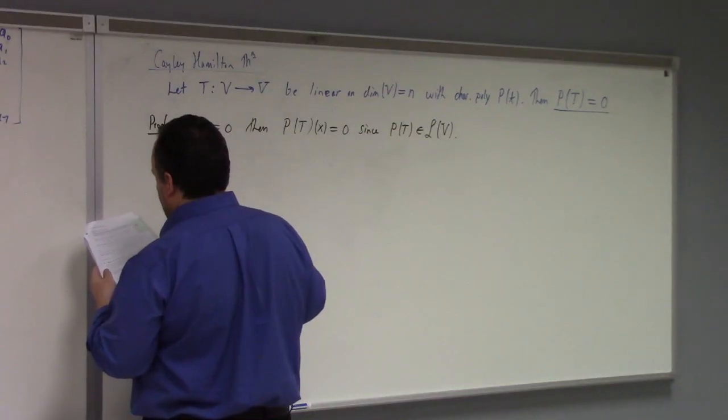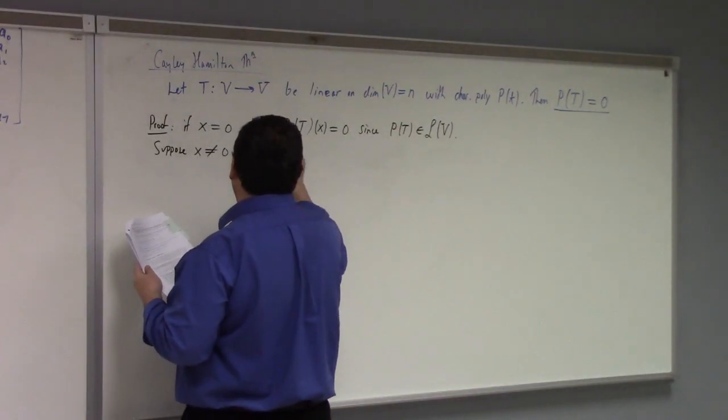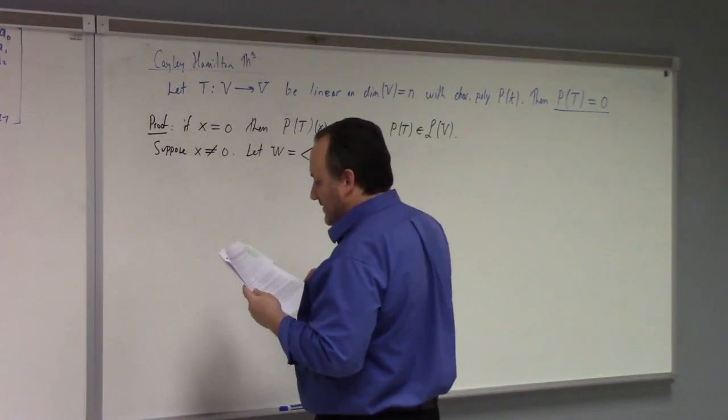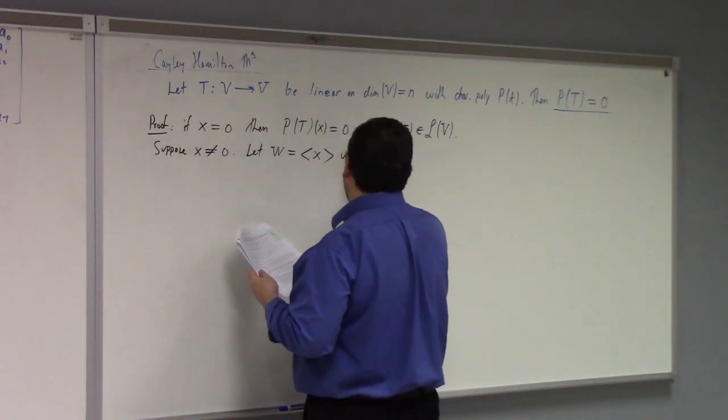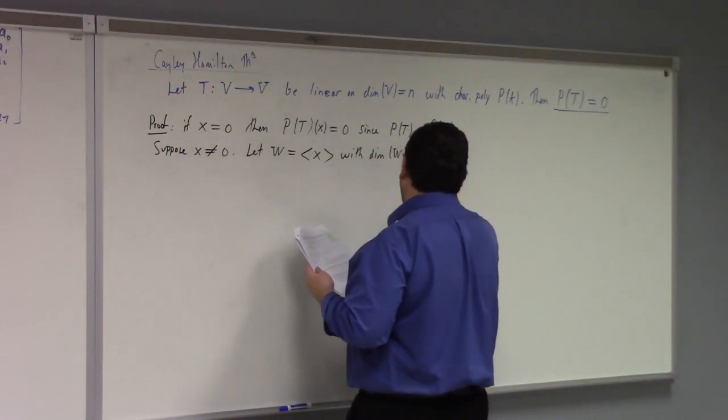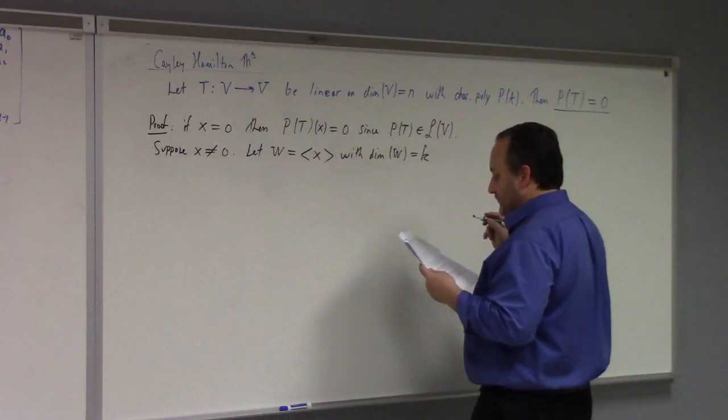Right? And let W equal the cyclic subspace generated by x, with the dimension of W equal to k. All right?